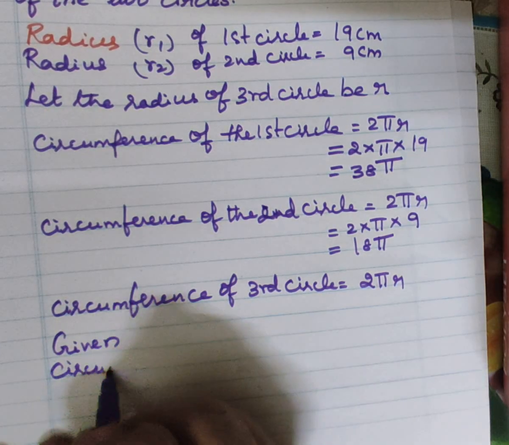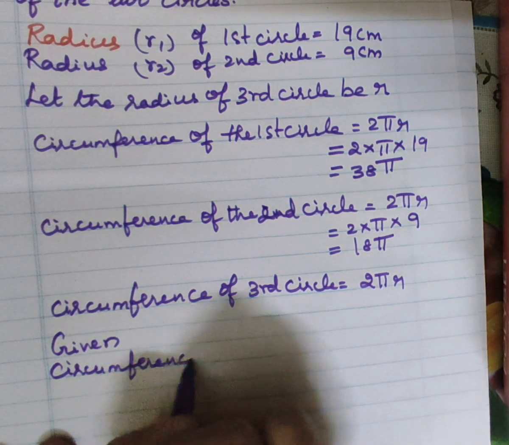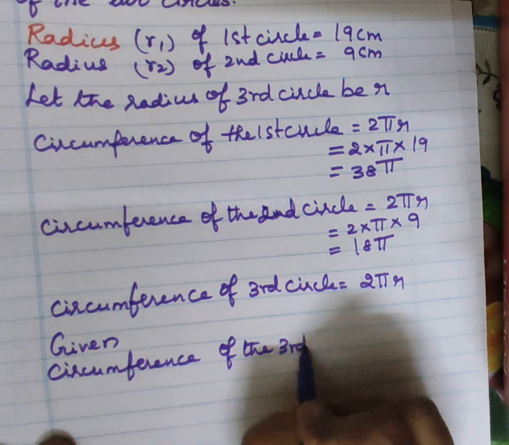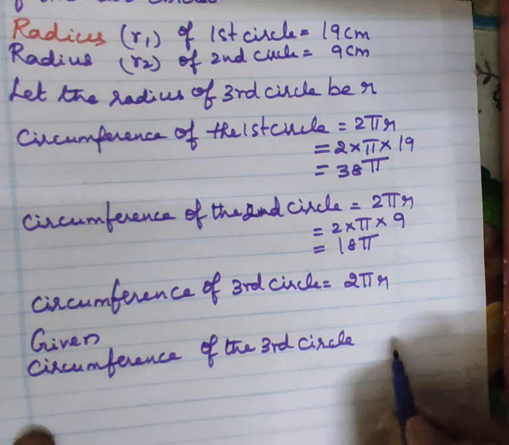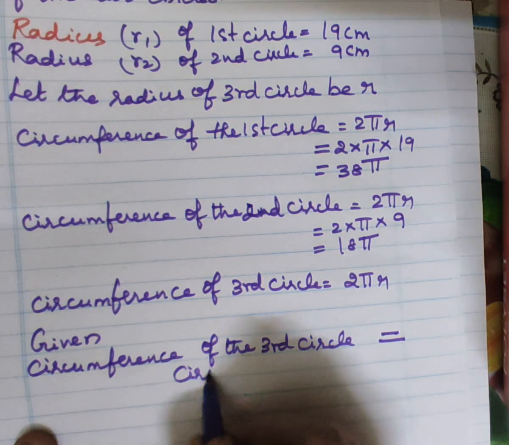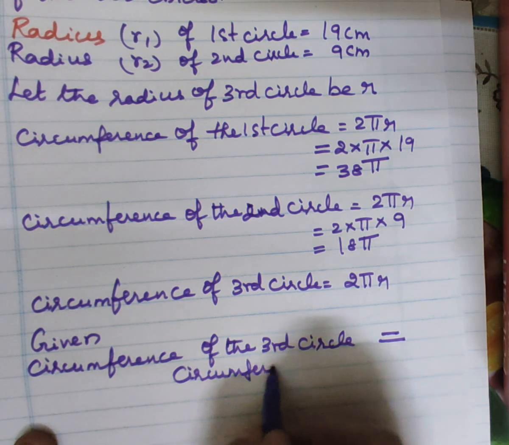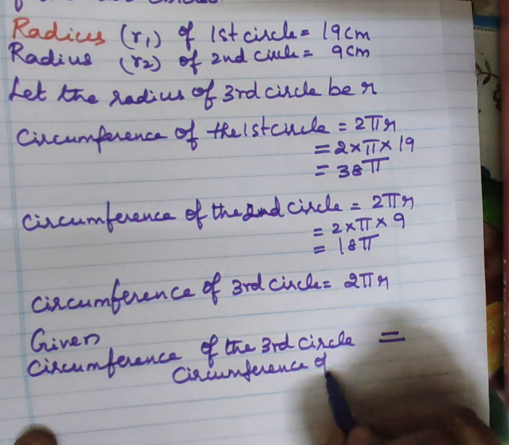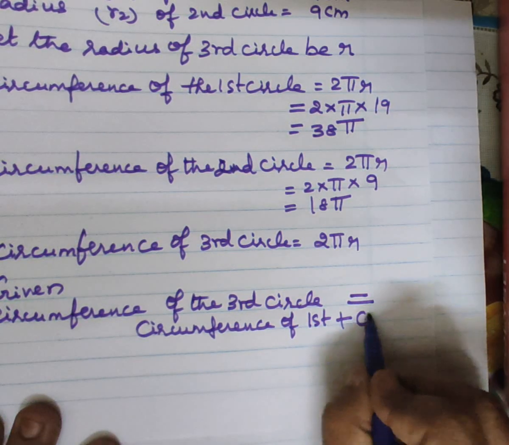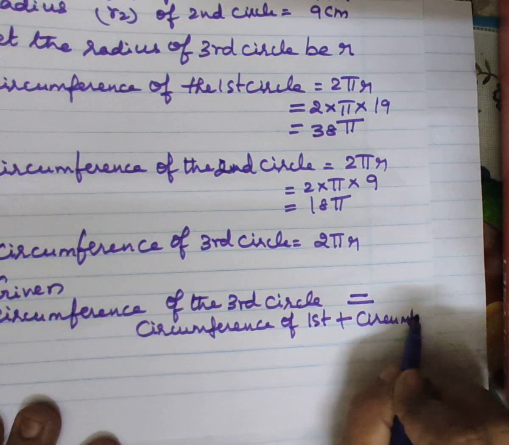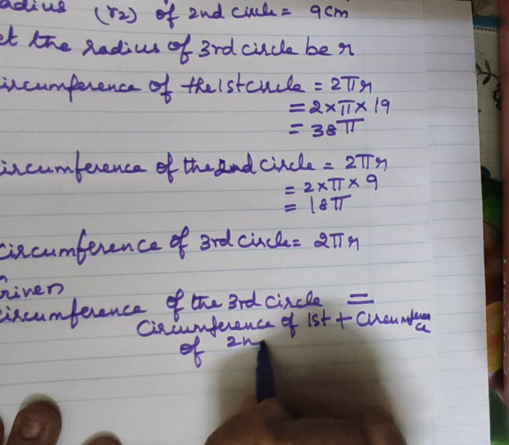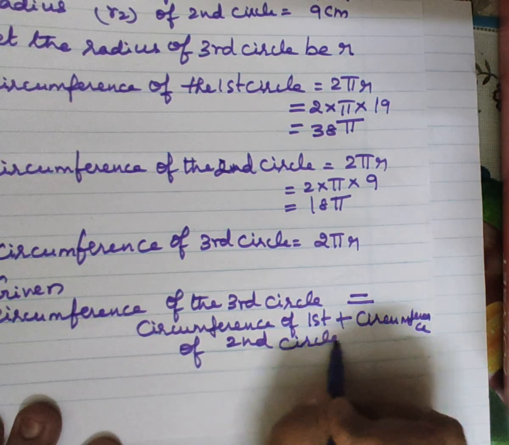Circumference of the third circle is equal to circumference of first plus circumference of second circle.